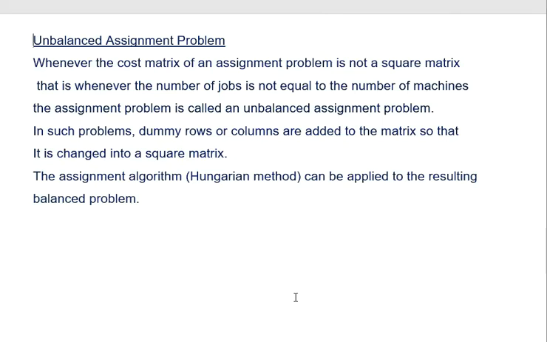Now next topic is unbalanced assignment problem. So what is an unbalanced assignment problem?